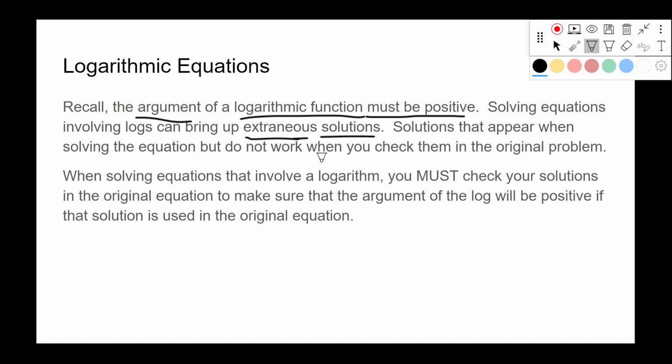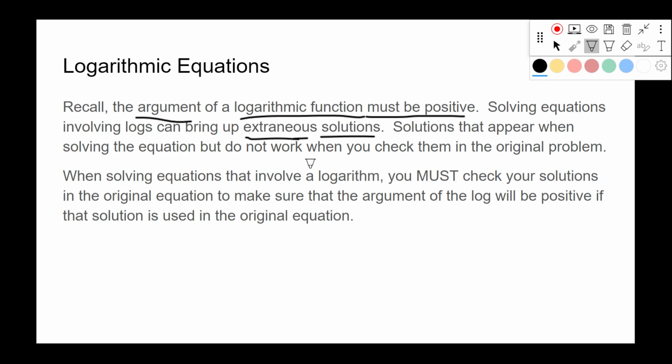When you solve equations that involve a logarithm, you must check your solutions in the original equation to make sure that the argument of the log will be positive. If any of the logs end up with a negative argument when you check that answer, then the solution is extraneous and you have to throw it out. It does not give a correct answer. It doesn't make the equation true.